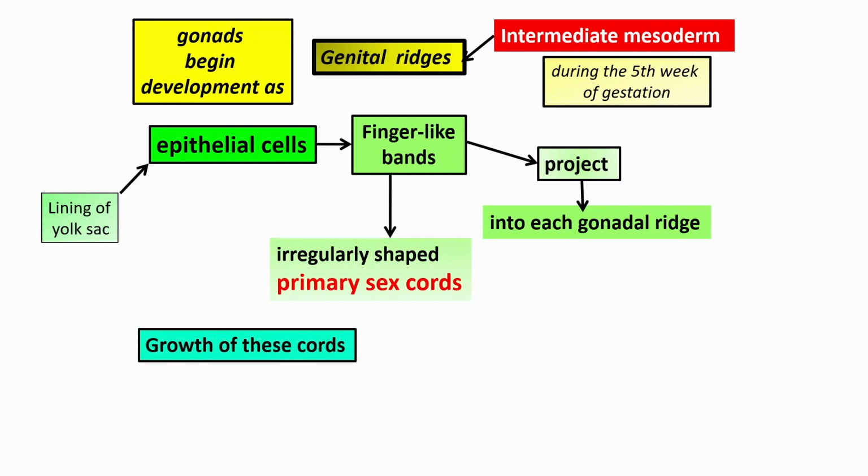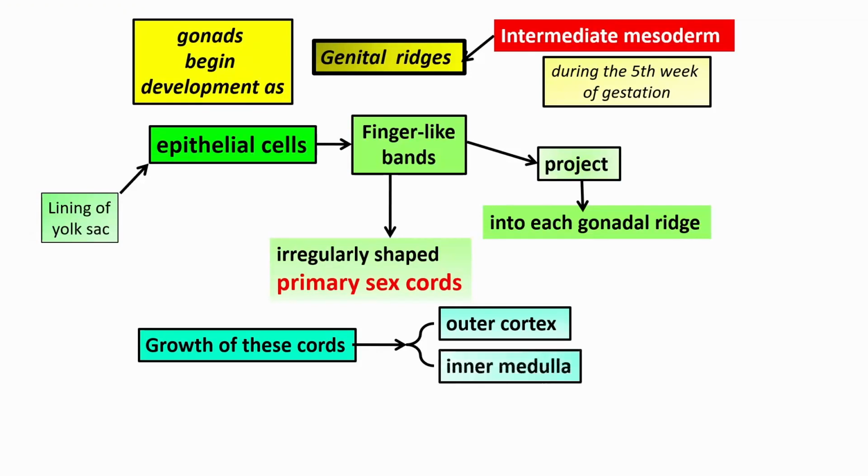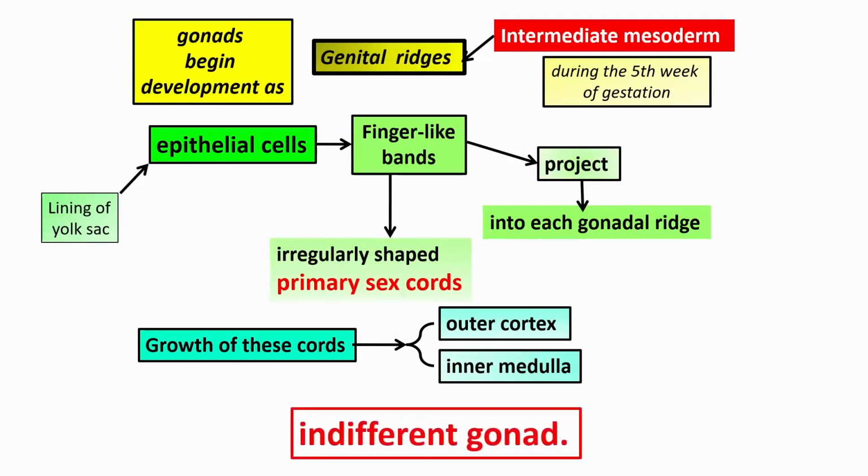These cords will grow into the genital ridge, and they form an outer cortex. Any outer layer of anything is called a cortex. And the inner medulla, the inside of structures. And this is the stage of indifferent gonad. What does that mean?